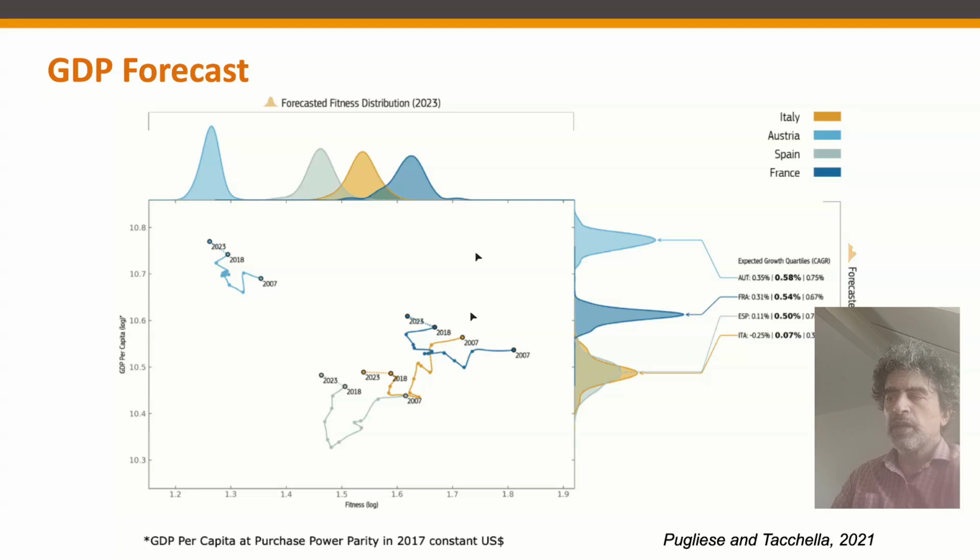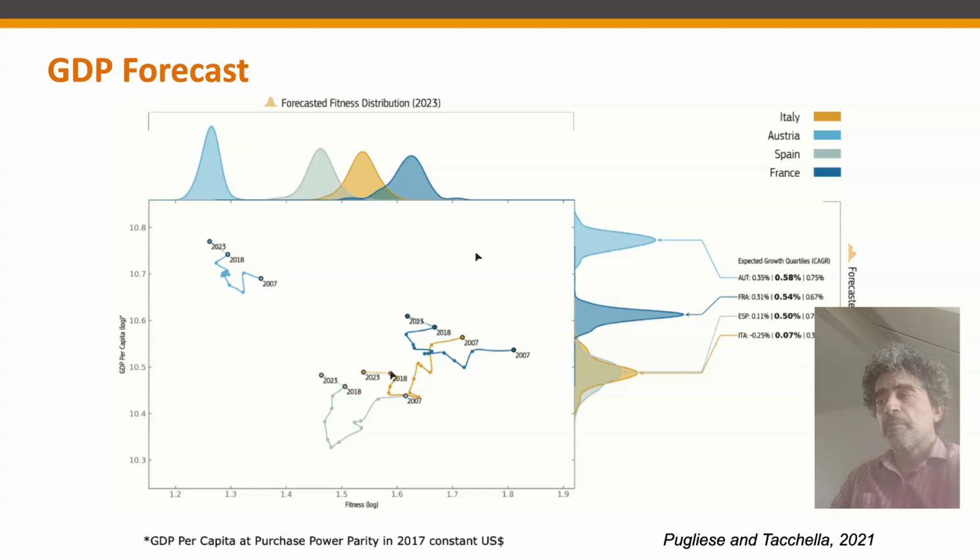Well, you're looking at how the country moves in this plot, and what you say is that if a country is here, it will go in the same direction that other countries that were here before went. Very similar to how we do weather forecasting, for example.